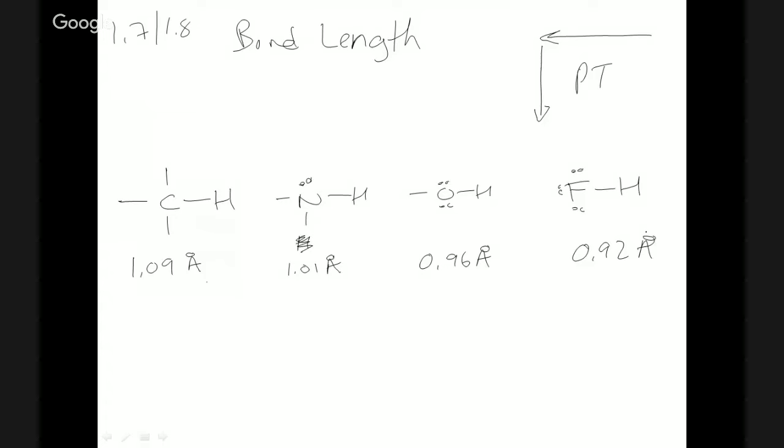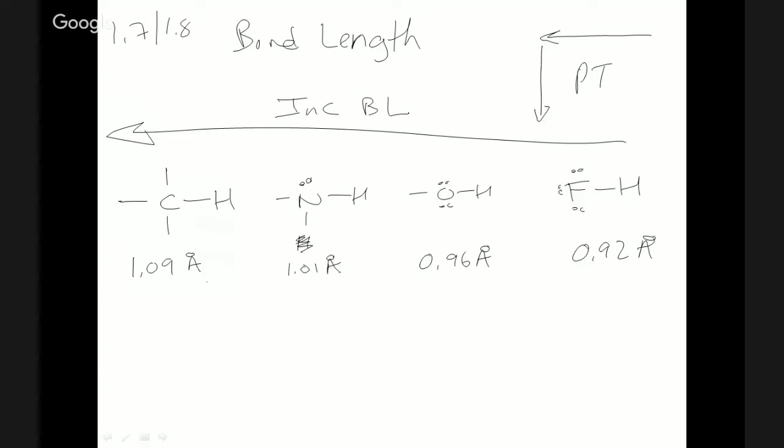Okay. So, the trend is as we go from right to left, the bond length is increasing. And that's going to be the opposite of electronegativity. And we'll talk about electronegativity soon.